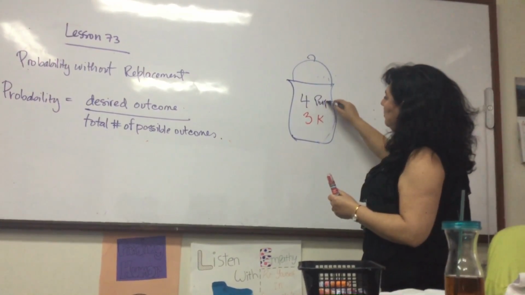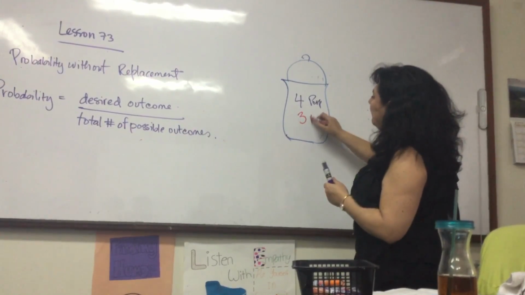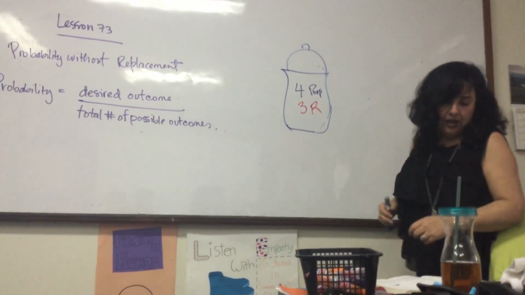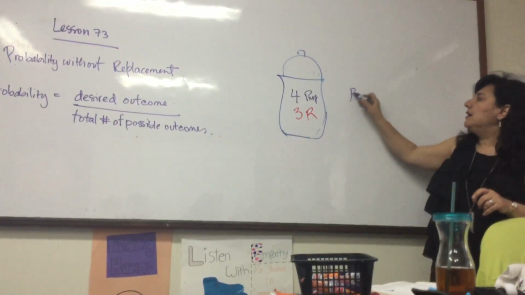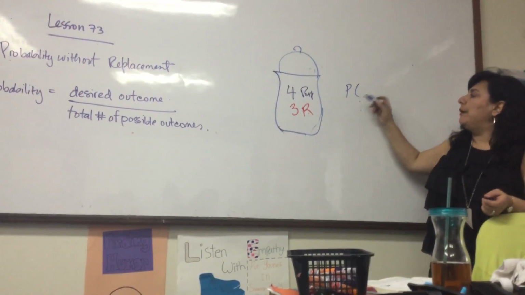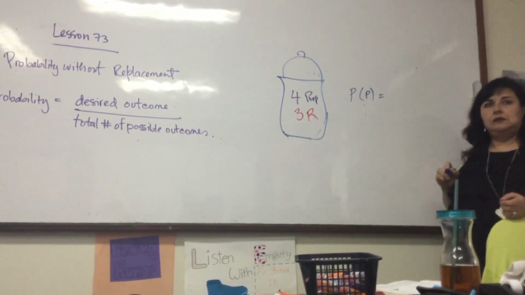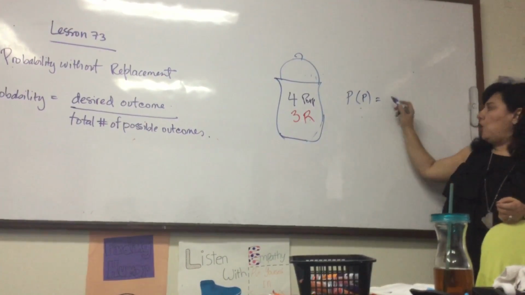What's the probability that I pull out one purple marble? 1 out of 7. Okay, 1 out of 7.